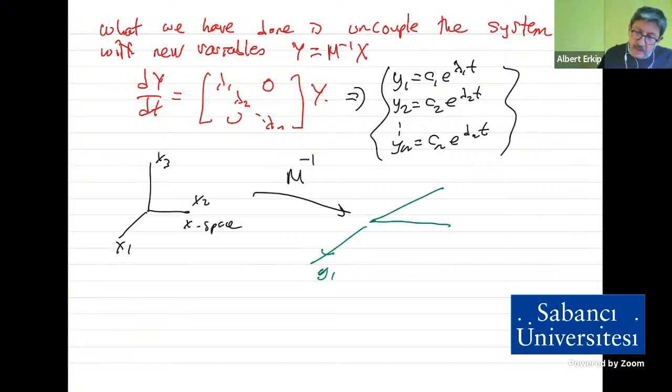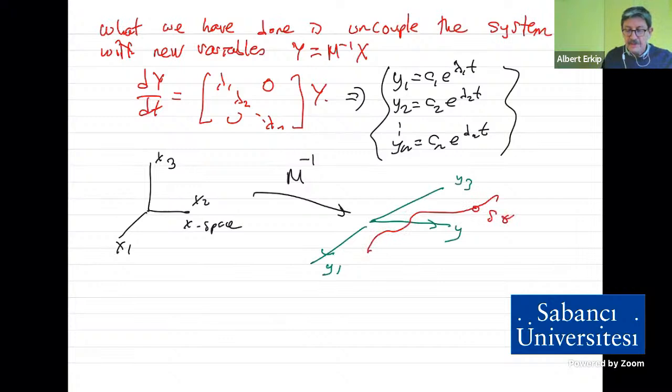This will be distorted and become something like y1, y2, and y3. So in this space, we have the solution, actually the trajectory.